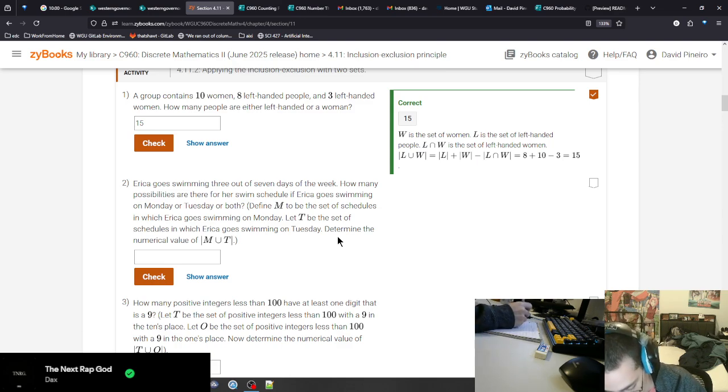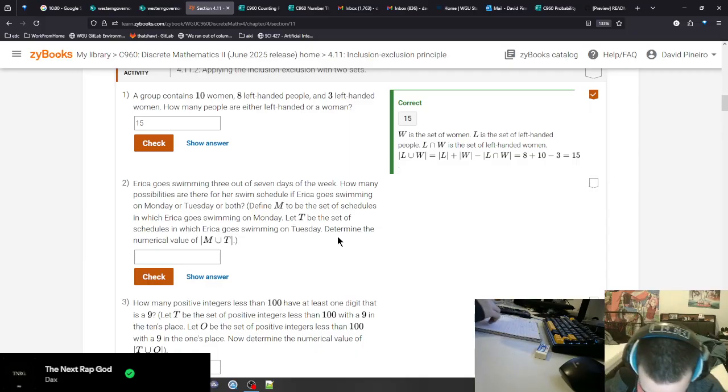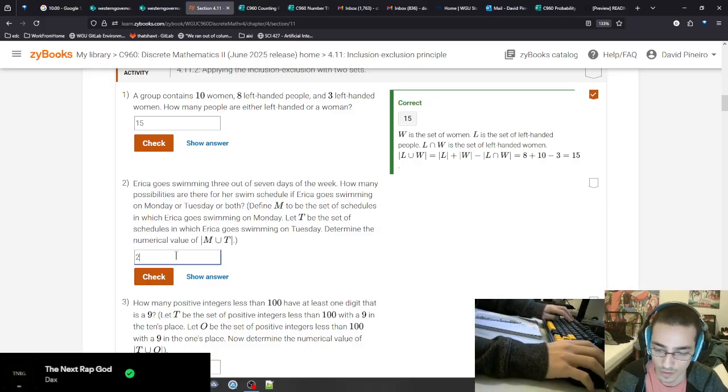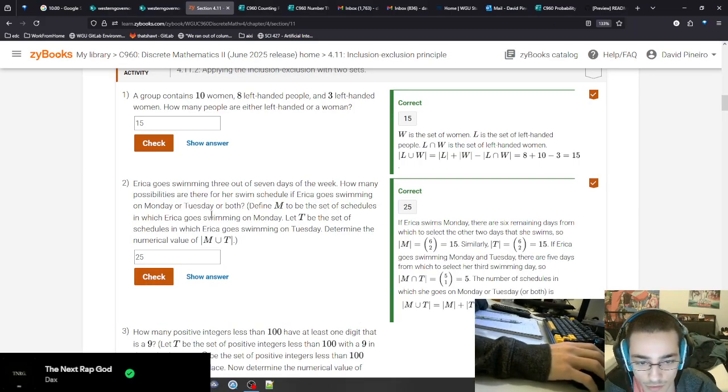Okay, so if she were to swim on Monday or Tuesday, not necessarily both, that would be the union. So 15 plus 15 minus the intersection is 25. Okay, that's pretty good.